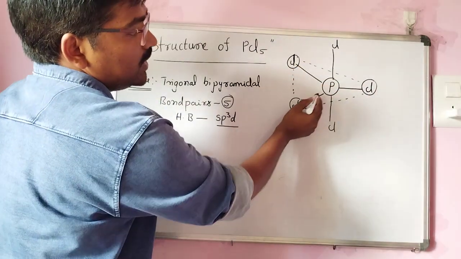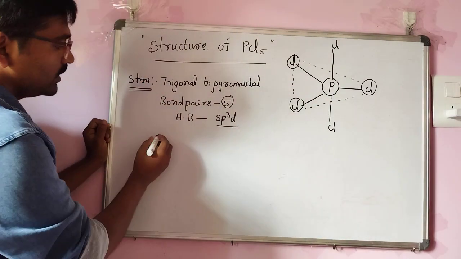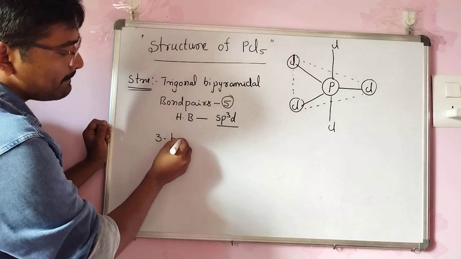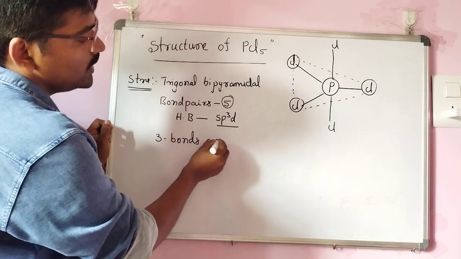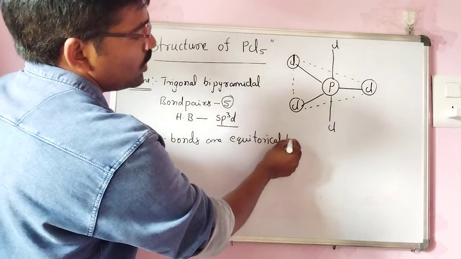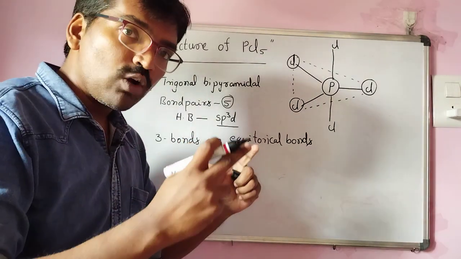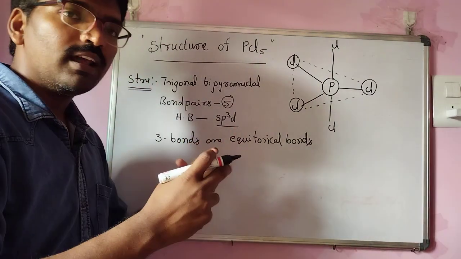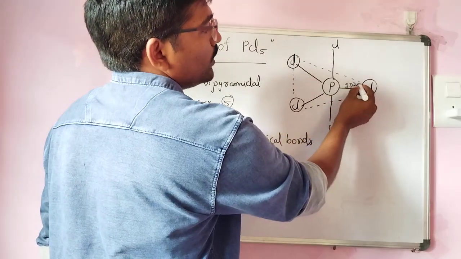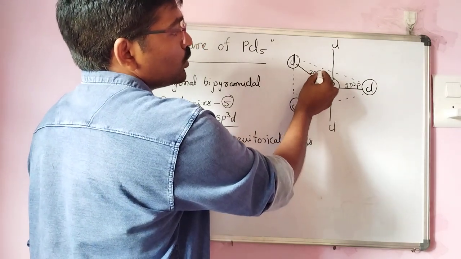Of the 5 bond pairs, these 3 bond pairs we call equatorial bonds. They are present equally, at equal distance: here 202 picometers, here also 202 picometers, and here also 202 picometers.